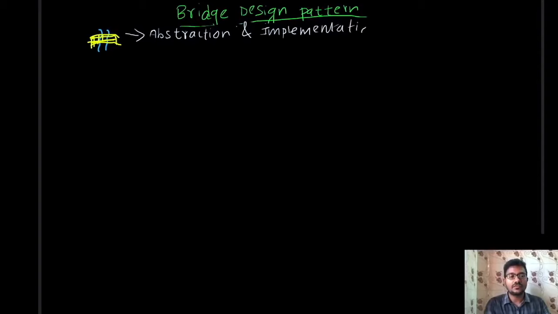So what is abstraction? Generally, if you are using any APIs, for example Java APIs, consider the map example. If you are using collections like map, array list, and linked list, you don't need to know the inner implementation details.